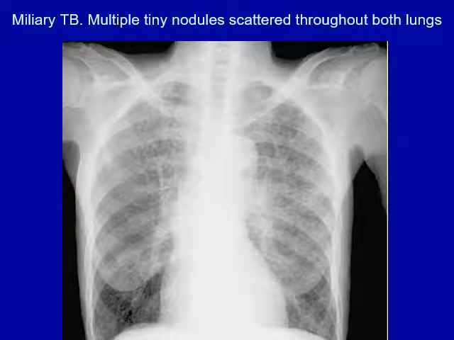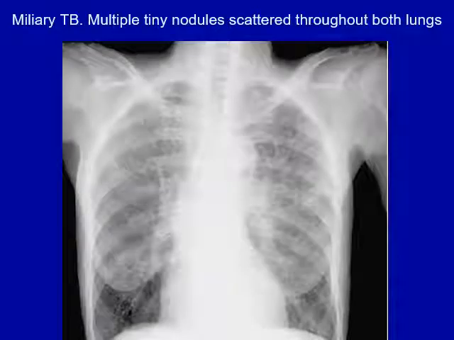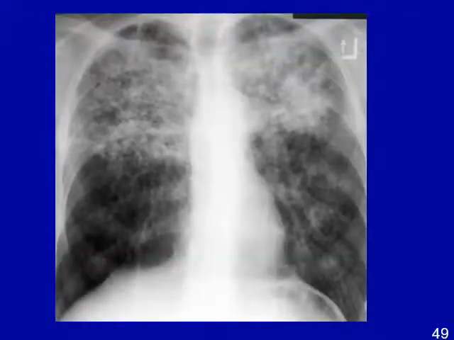This is miliary TB affecting both lungs. Miliary tiny nodules in both lungs. Also, this is post-primary TB, advanced post-primary TB, affecting both upper lobes with cavitation also.